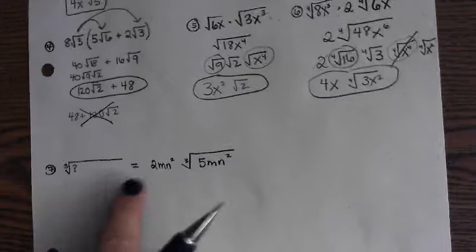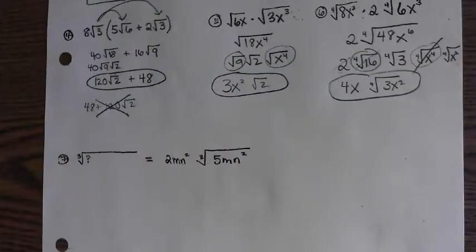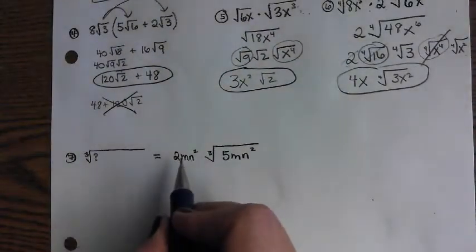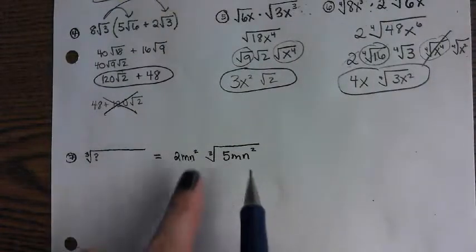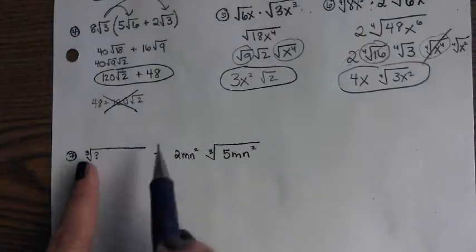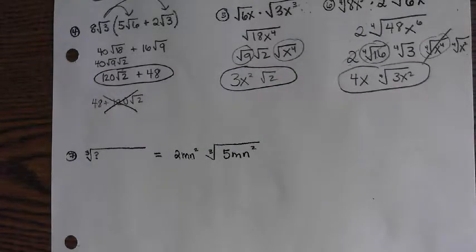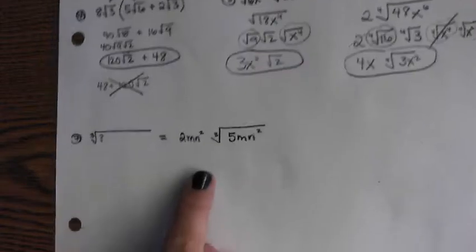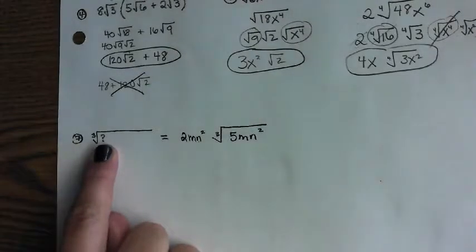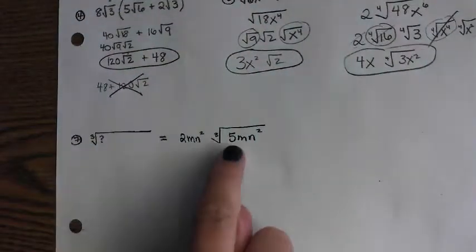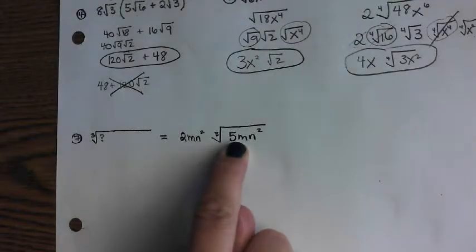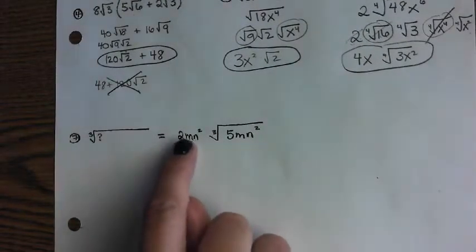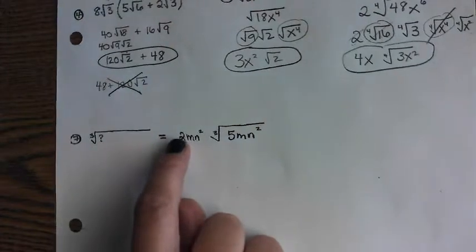I love this next one. Here's what it becomes. What was it prior to having any coefficient out in front? So let's first focus on the number. In the final answer, there's a 5 underneath the radical stuck there still, and there's a whole number 2 that came out in front.